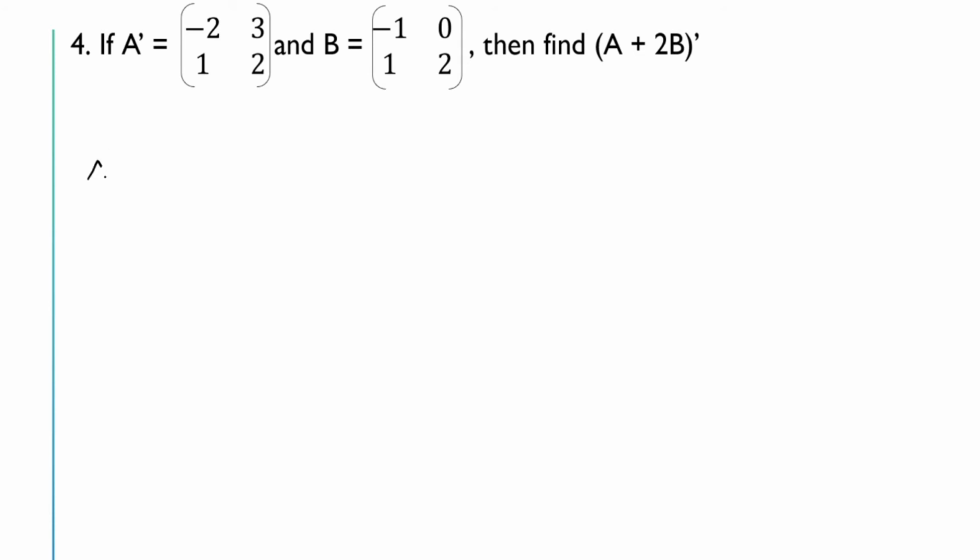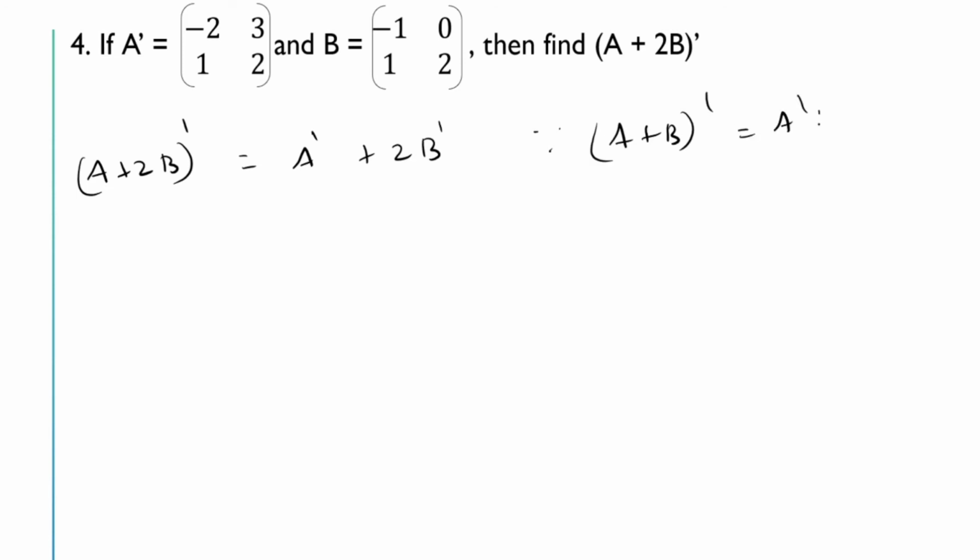So A plus 2B the whole transpose is nothing but A transpose plus 2 into B transpose. Since A plus B the whole transpose is A transpose plus B transpose and KA the whole transpose is equal to K into A transpose.